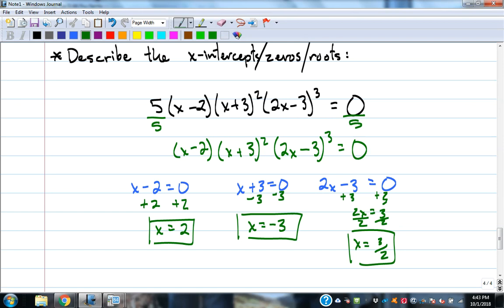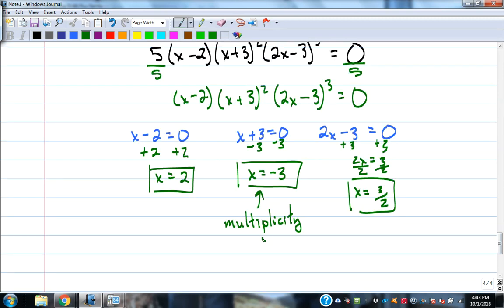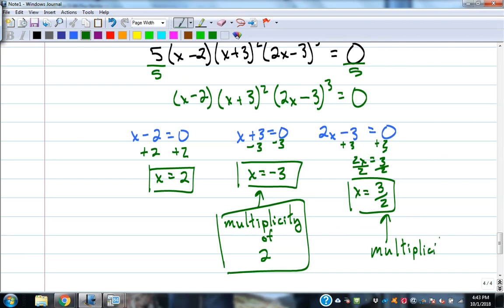So that means negative 3 has a multiplicity of 2. What's the multiplicity for the 3 over 2? 3, because the exponent on the outside of the factor is a 3.